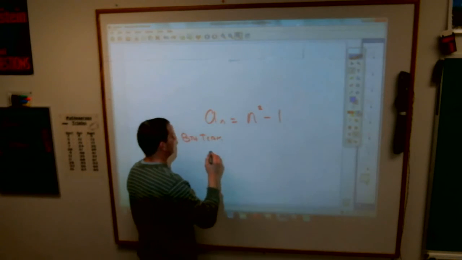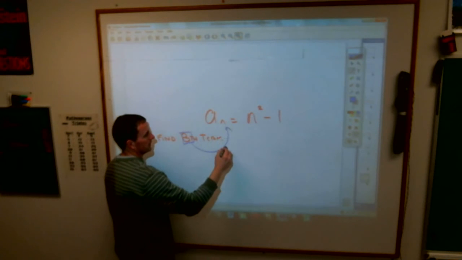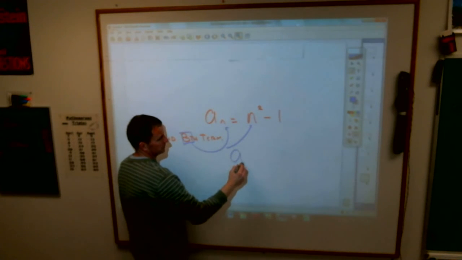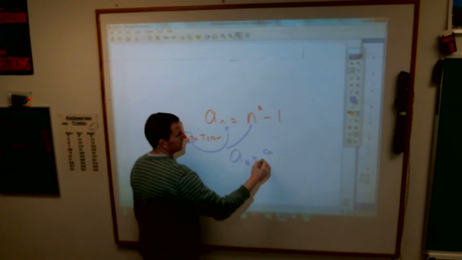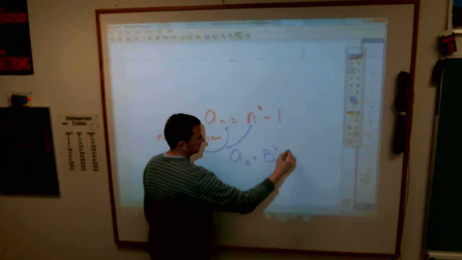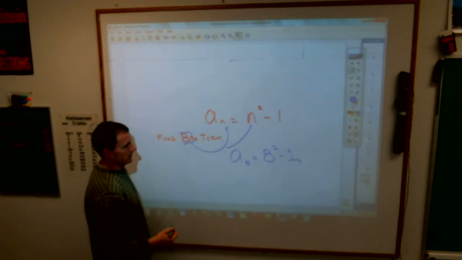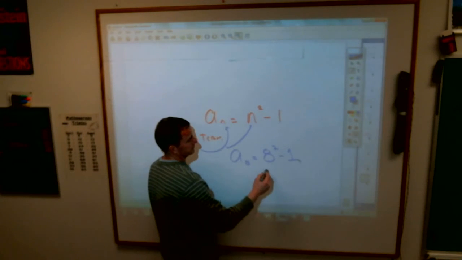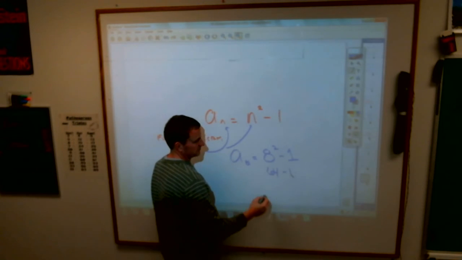So again, the letter N is 8. So I put 8 in for both of the n's there. And you say: the value of the 8th term is 8 squared minus 1. And 8 squared is 64, minus 1 is 63.